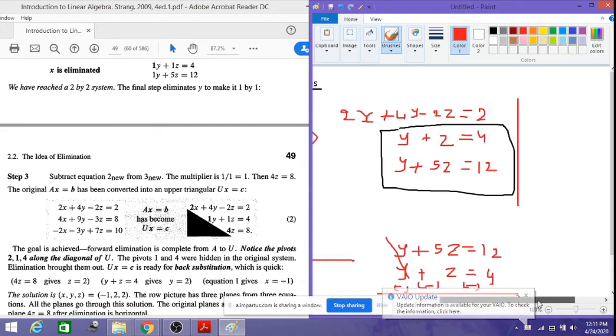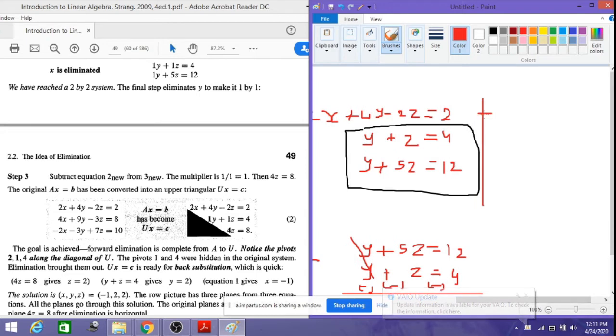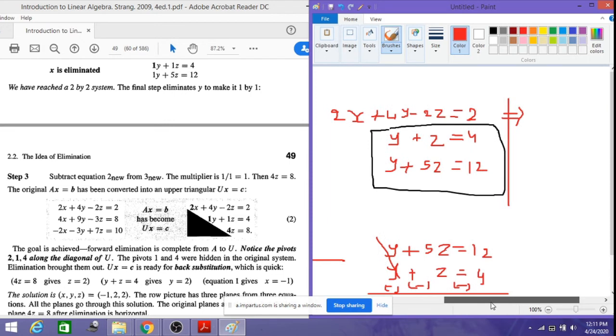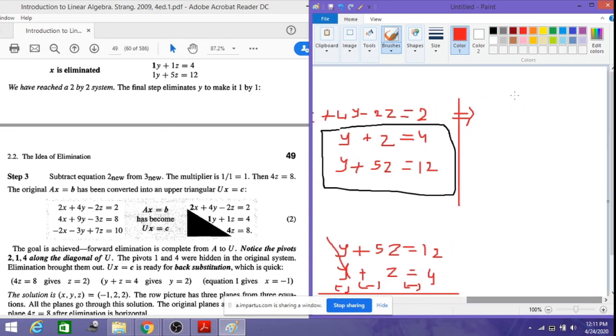So from this second step we get one more new set of equations. The first row will be written as it is, that is my 2x plus 4y, let me write neatly, 4y minus 2z equal to 2.